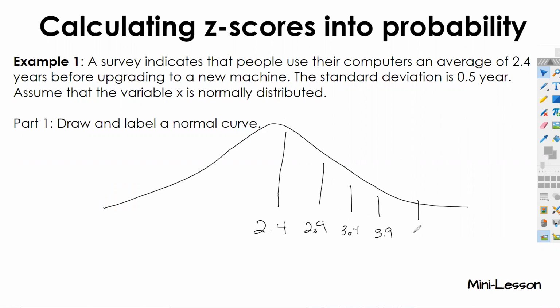And then 3.9 plus 0.5 is going to give me 4.4. On the other side, we're going to get 1.9, 1.4, 0.9, and 0.4. Ta-da. Okay, so I made that correction on that left-hand side.